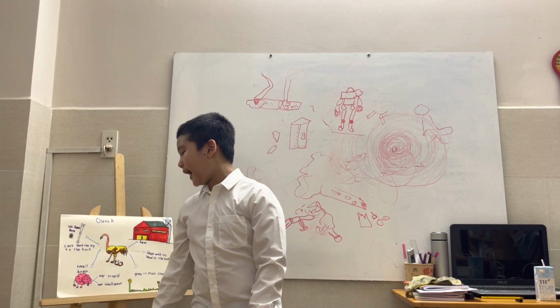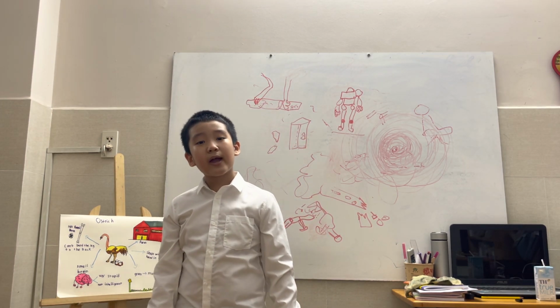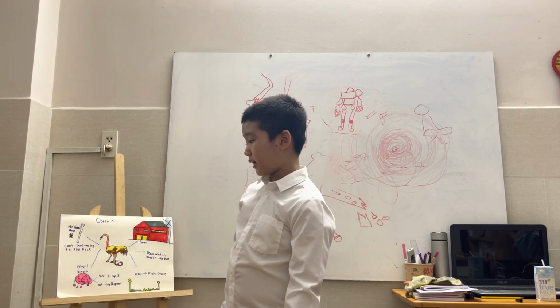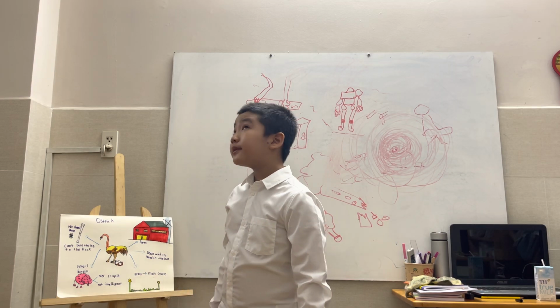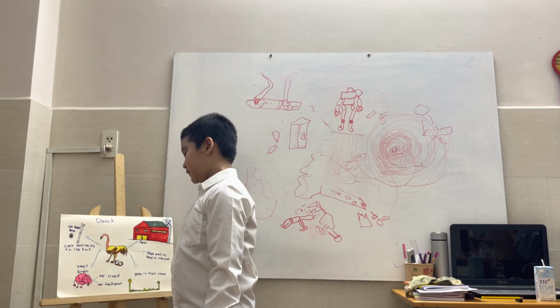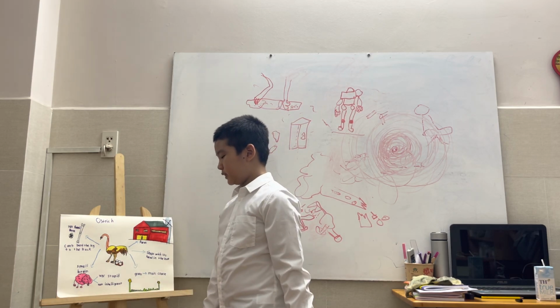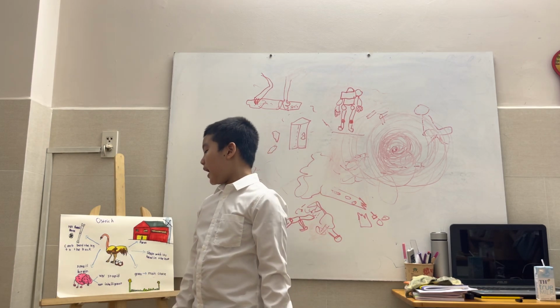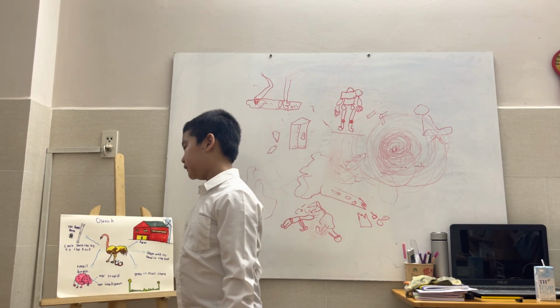Now, to guess the answer, it has a very small brain. That is the answer of why it is very stupid and why it is not intelligent. It's not intelligent because it has a small brain.